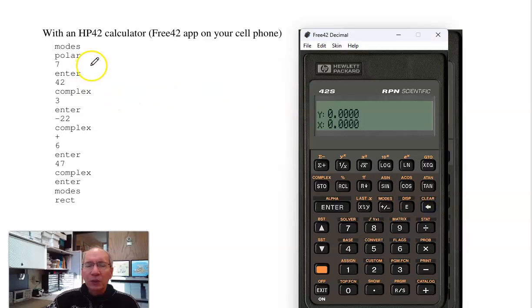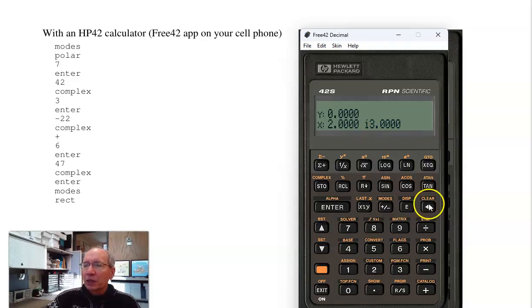This also works with complex numbers or XY numbers. If I go second modes polar, second modes rectangular, this complex lets you input a vector. So when I say x is 2, y is 3, complex, there's x and y. Technically it's stored as a complex number. We'll get to that later, but I treat that as x and y.